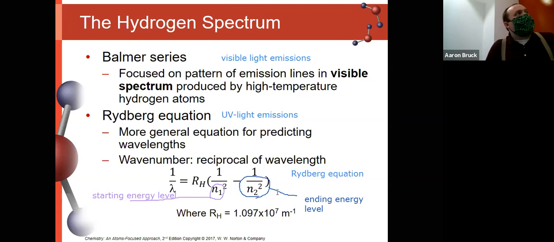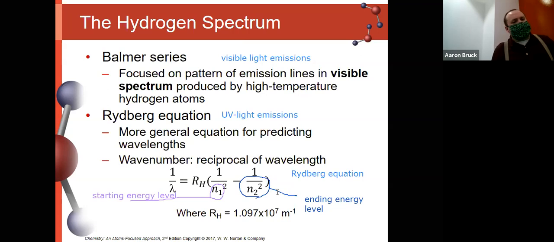And the great thing about this particular equation was that it was very predictive. When it came to quantifying the hydrogen atom, the Rydberg equation did a really good job of doing so.